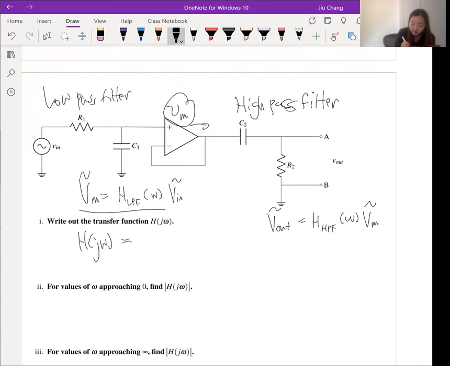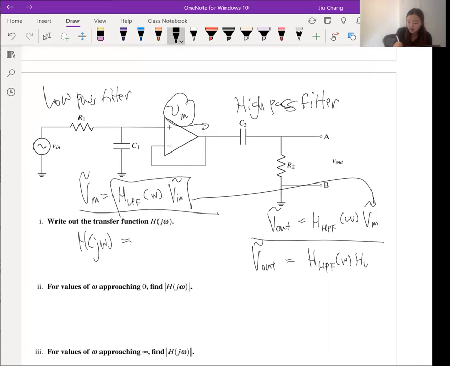So combining these equations, we get to the point where our V out phasor is equal to the high pass filter times, so we plug in our V middle phasor. And we end up with this equation.